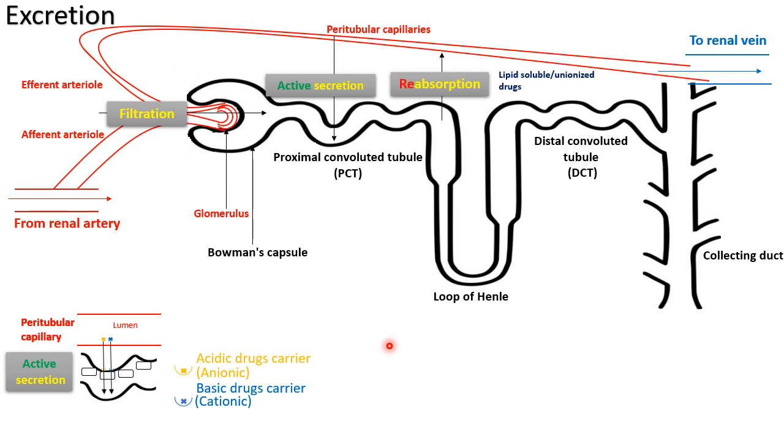How? What if we have two acidic drugs found in the lumen of peritubular capillaries, and these two acidic drugs are transported from the lumen of the peritubular capillary through the same acidic carrier. So we would have a competition between these two drugs on that carrier.